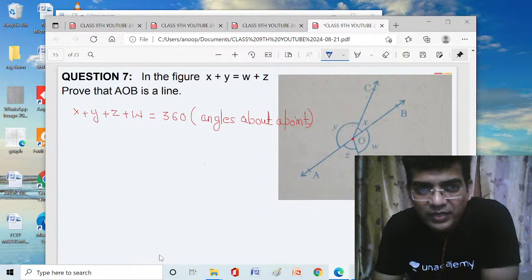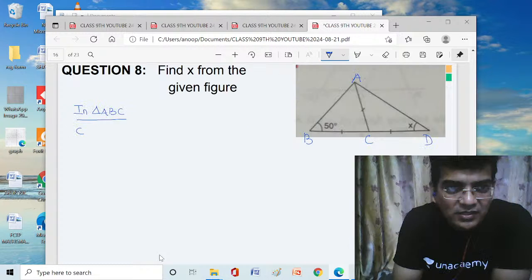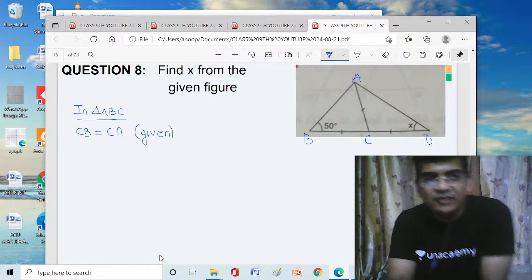Which two sides? CB is equal to CA. It is marked in the figure that is given. Now remember, in a triangle, if two sides are equal, we call it an isosceles triangle. So we can say ABC is an isosceles triangle. And in an isosceles triangle, we have the property that the angles opposite to equal sides are equal.